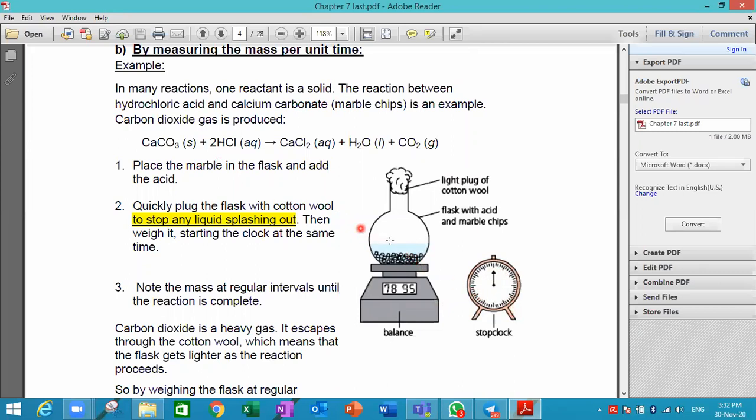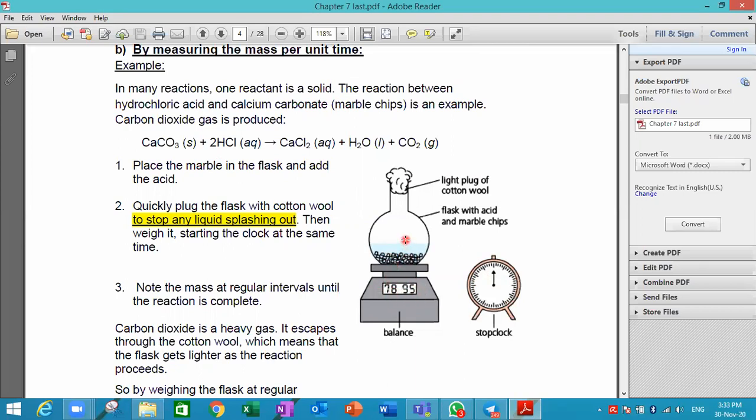Then we add the excess of the acid in the flask, and we place a certain mass of the calcium carbonate, which we call marble chips, and as soon as we put the marble chips in, we place a cotton wool at the top of the container. And every half minute or every 1 minute, we read the change in the balance.